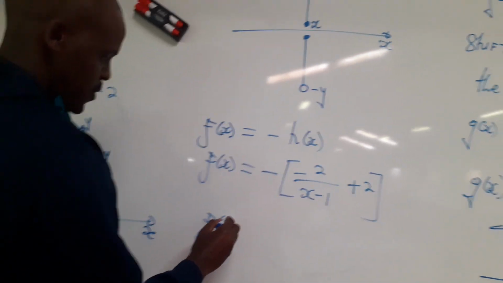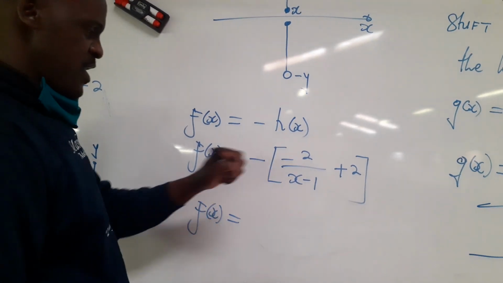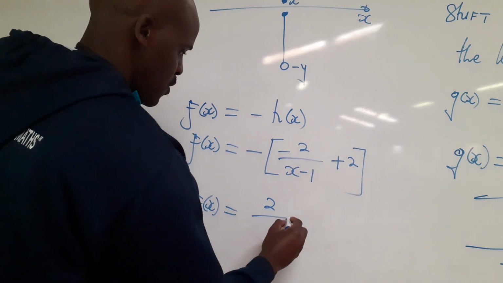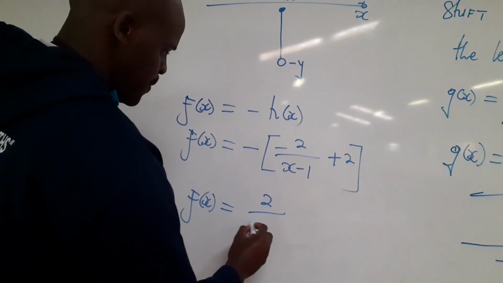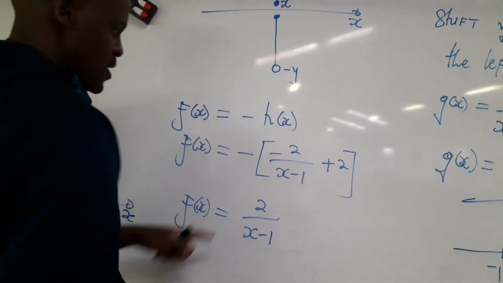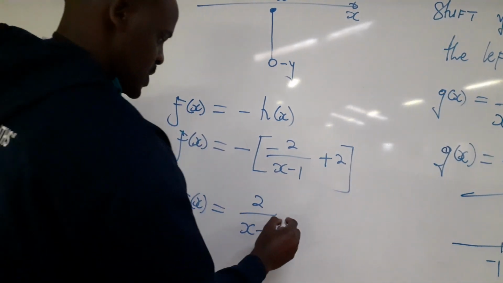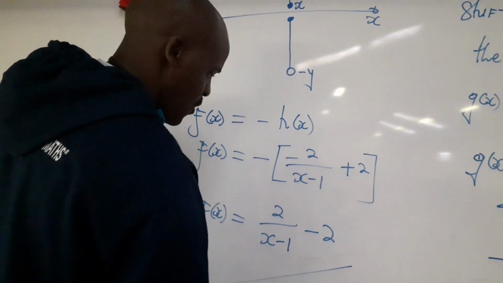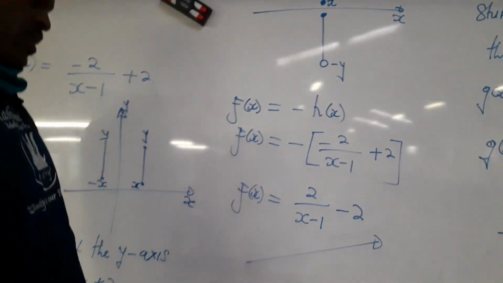F at x will be equal to negative by negative, it's positive, so it's 2 over x minus 1. Negative times positive, it's negative. That's how our new equation will be looking like.